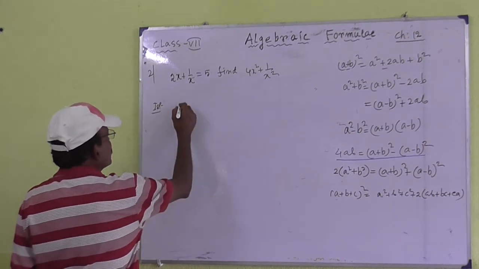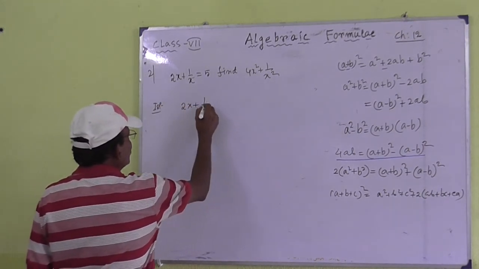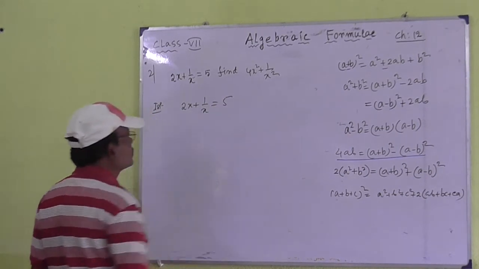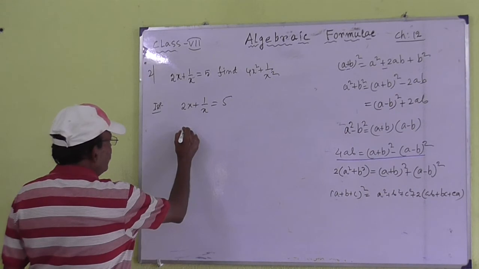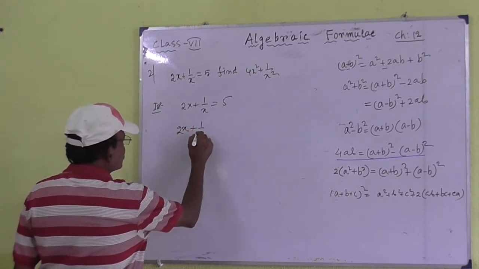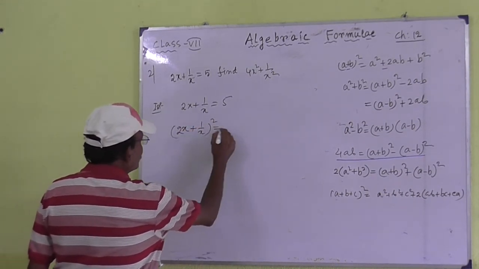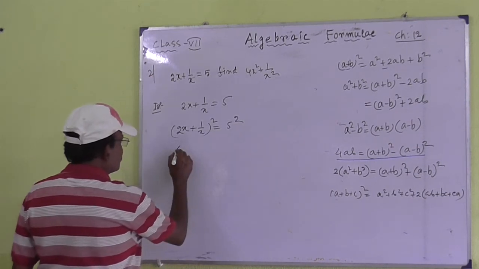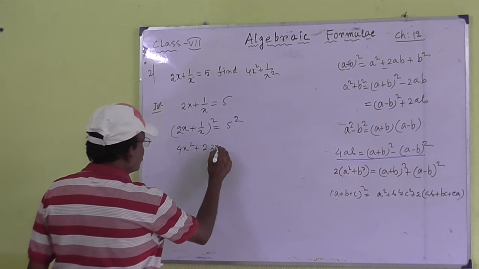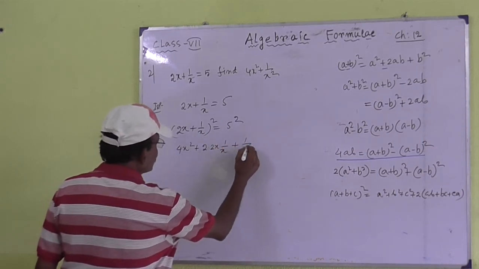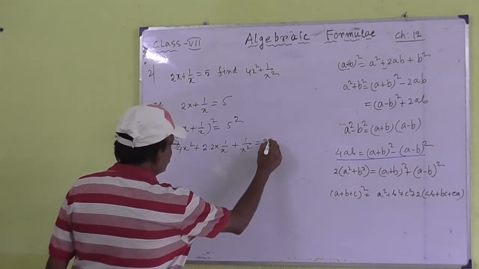First procedure: 2x plus 1 by x equal to 5. Squaring both sides, we have (2x plus 1 by x) whole square equal to 5 square. That means 4x square plus 2 into 2x into 1 by x plus 1 by x square equal to 25.